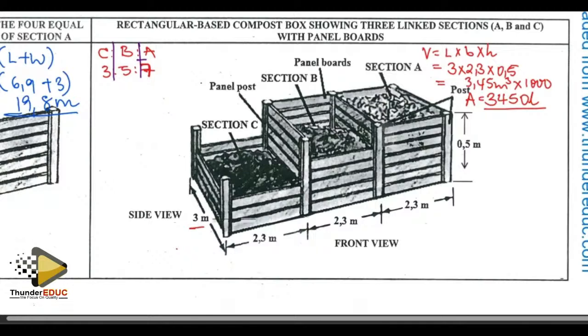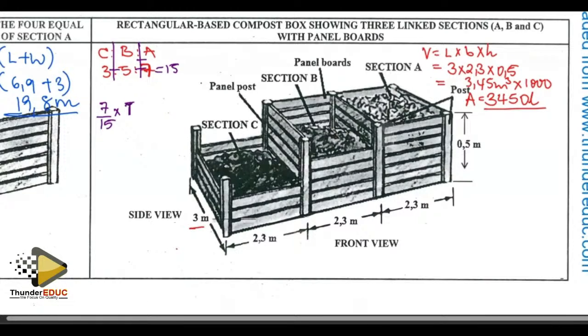So we ask, if you add this up, you will get 15. So out of 15, take 7. So A is 7 out of 15 times the total composite, we call it T.